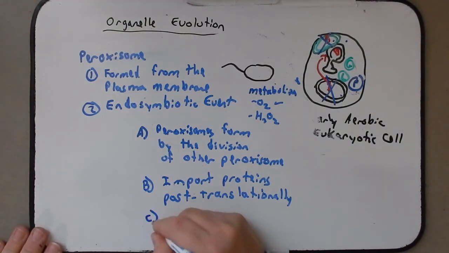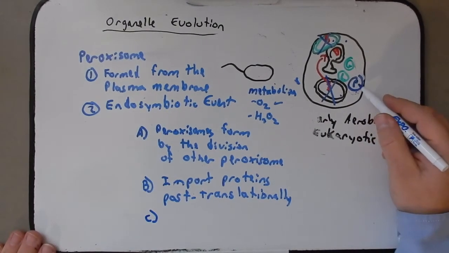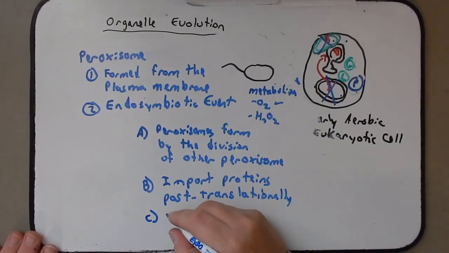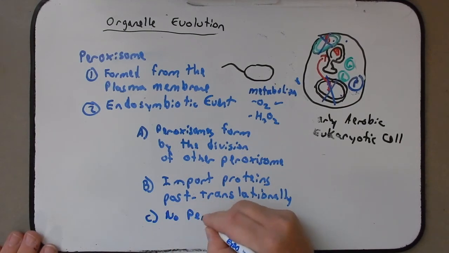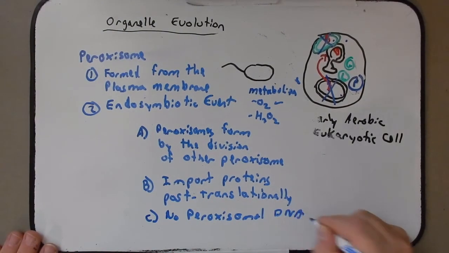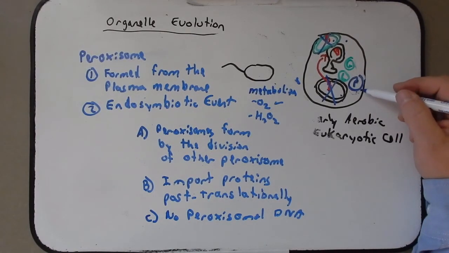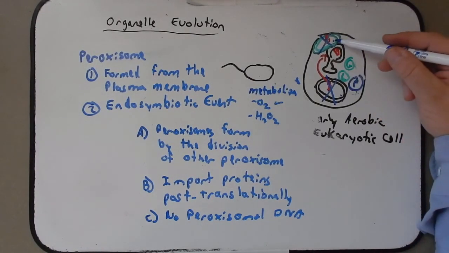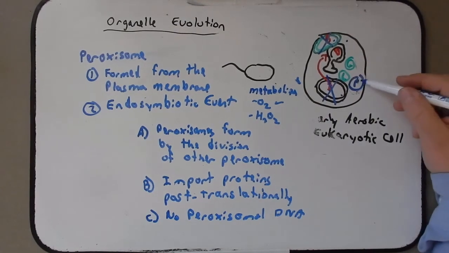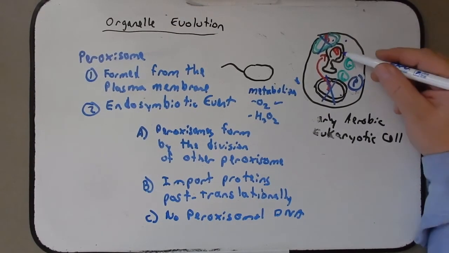One idea that makes us think maybe it wasn't an endosymbiotic event is that there is no peroxisomal DNA. Now, it's possible that since the peroxisomes are believed to have formed much before the mitochondria and the chloroplast, over time it lost all of its genome to the nucleus.